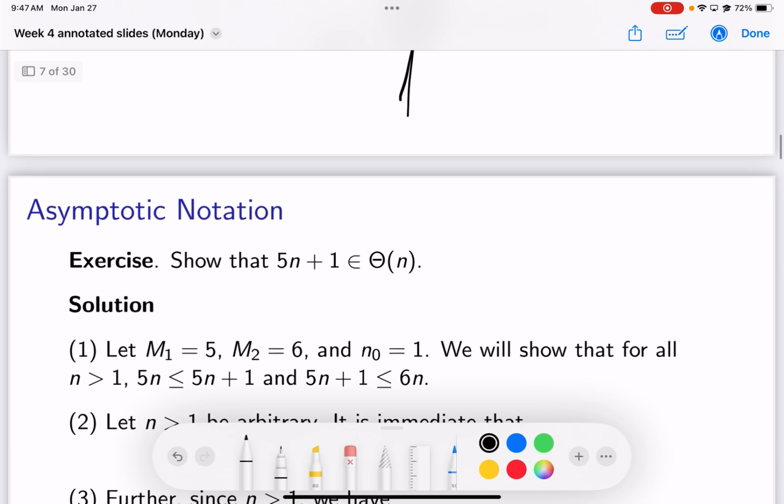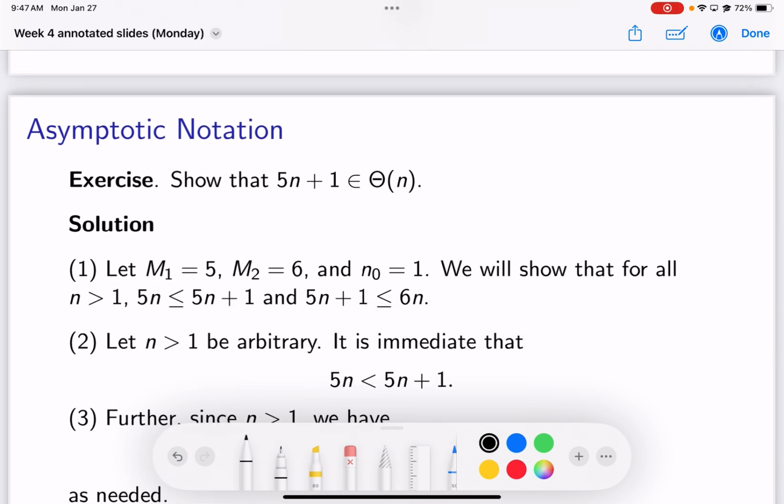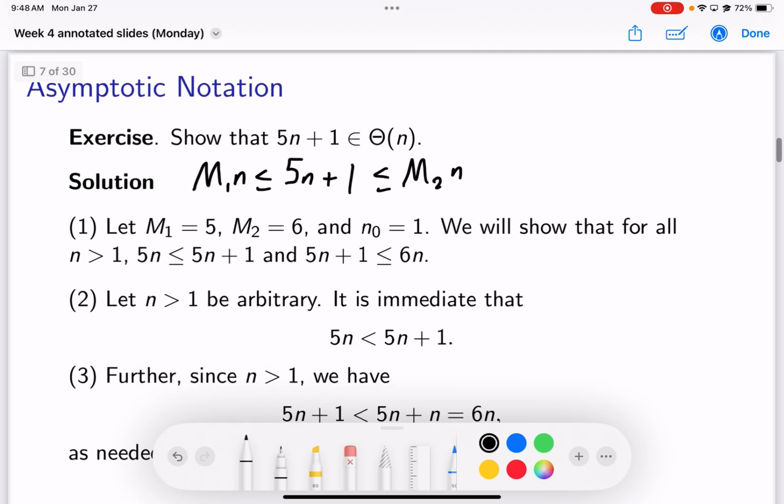We want to find m1 and m2 such that we want to make this whole inequality true.